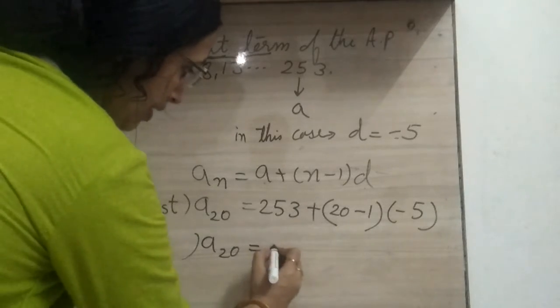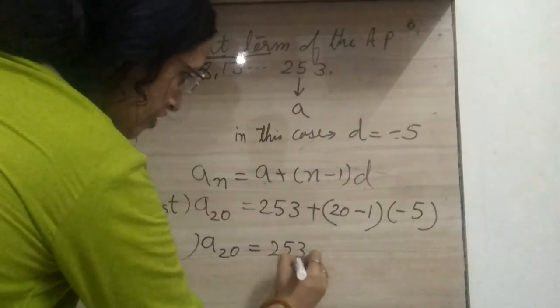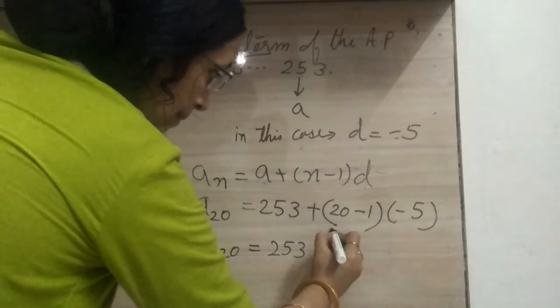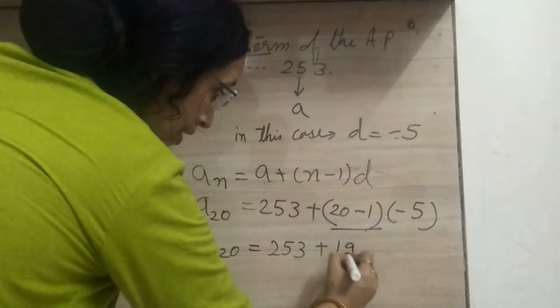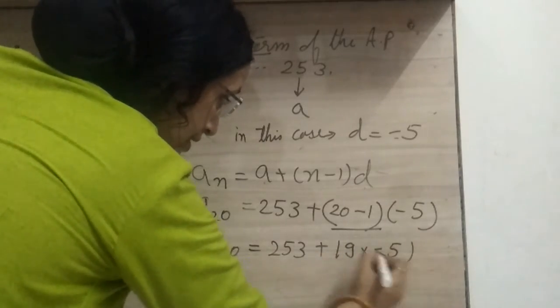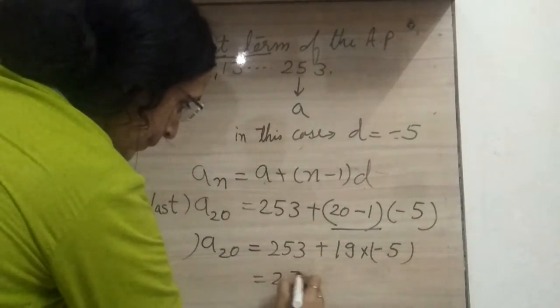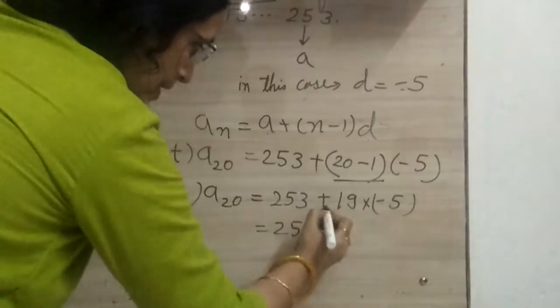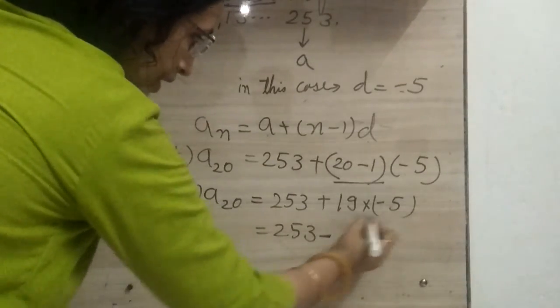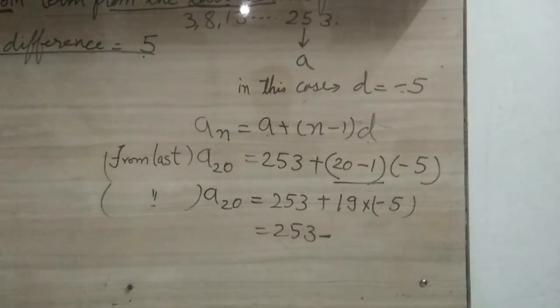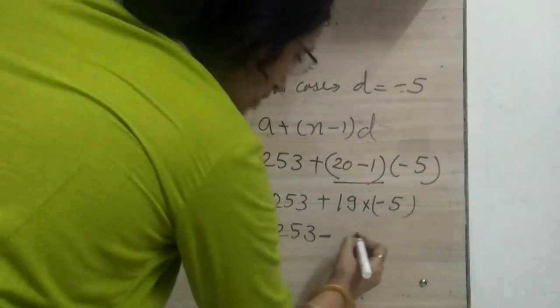This trick you will apply only in that case. So 253 plus, first these two, plus into minus, 19 into minus 5, so it will be minus only, and 19 5s are 95.